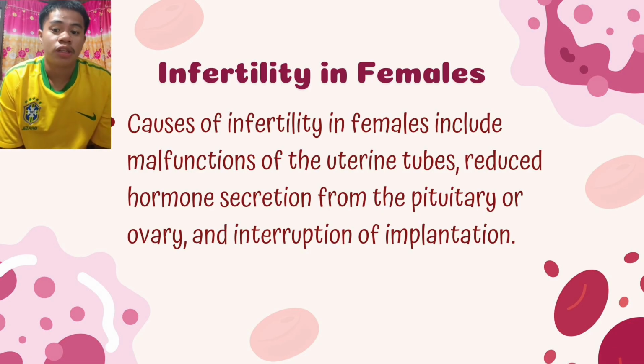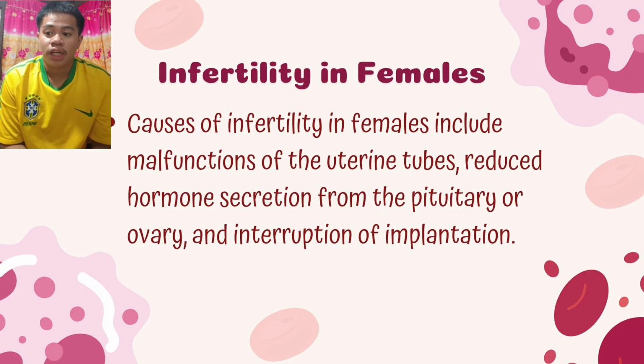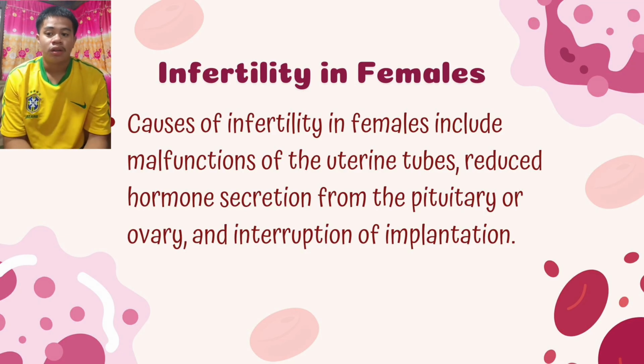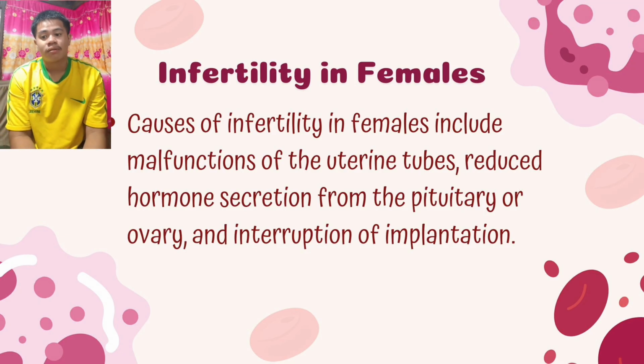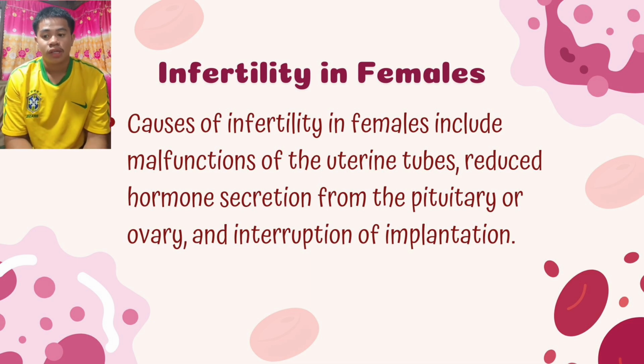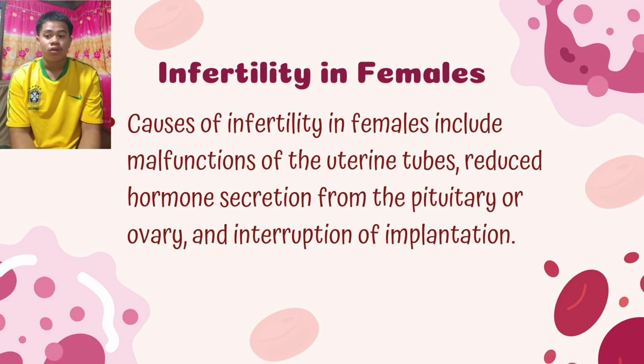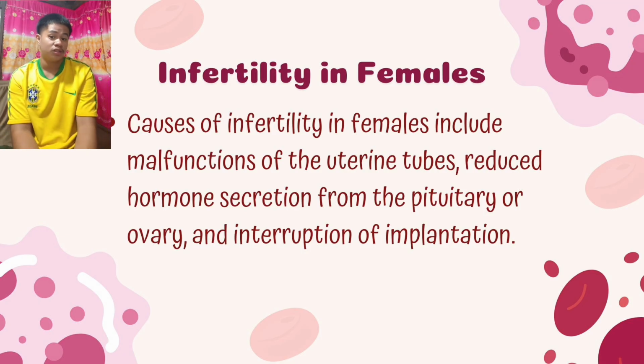Female infertility, ma'am: infertility is a woman's difficulty in becoming pregnant. Common causes include blocked fallopian tubes, hormonal deficiencies from the pituitary or ovaries, or problems with implantation of the fertilized egg in the uterus.